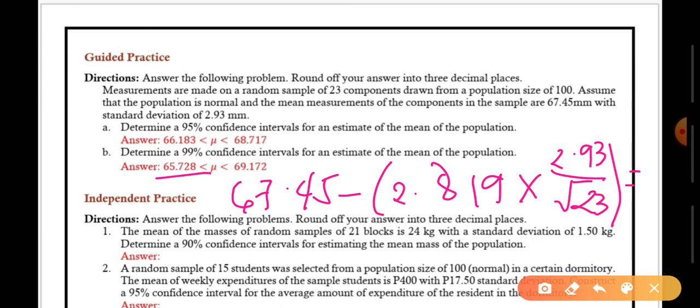Once again, going back to your calculator, just press this one and change that into addition. It's going to be 69.1722, or simply 69.172.